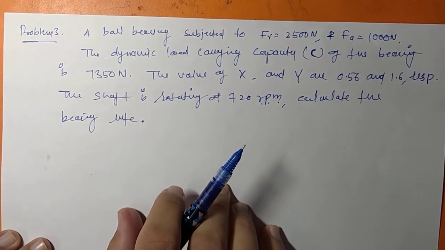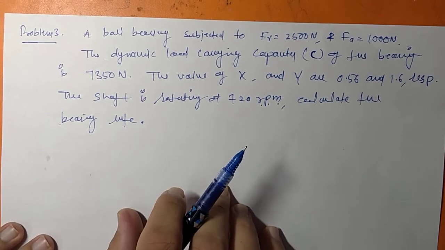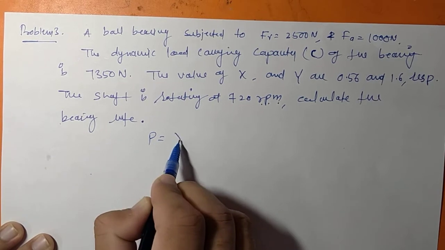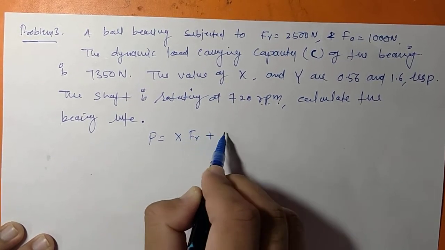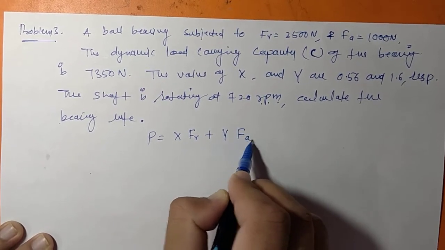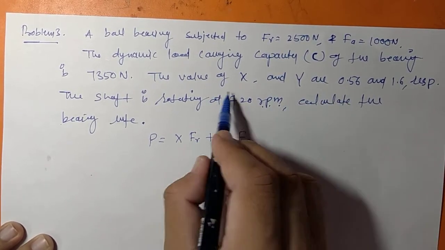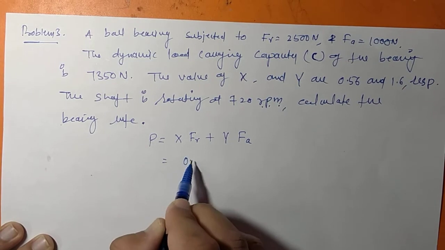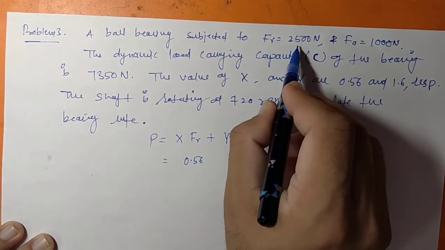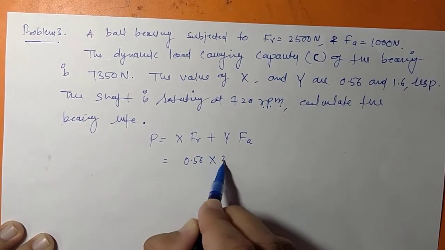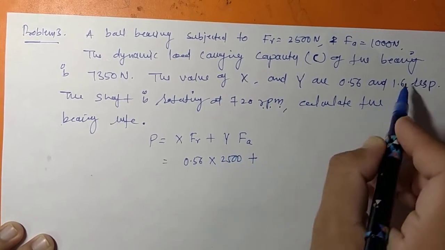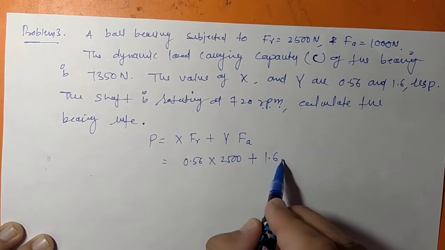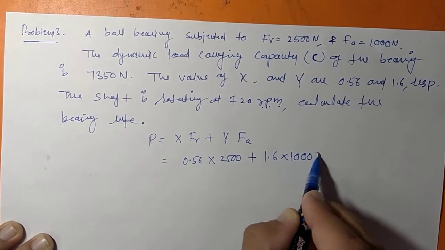So first of all, we need to find the equivalent dynamic load. Equivalent dynamic load is given by X Fr plus Y Fa, and X is given as 0.56 and Fr is 2500 Newton, and Y is given as 1.6 and axial load is 1000 Newton.